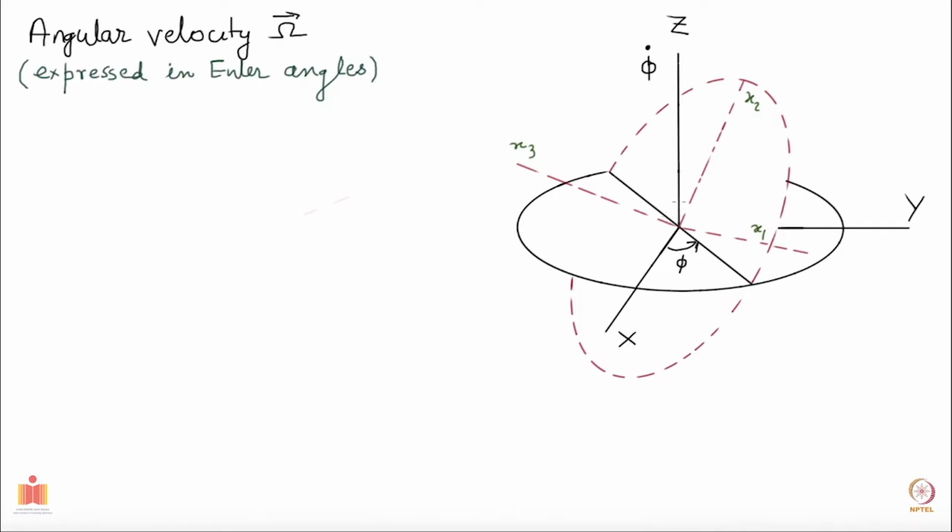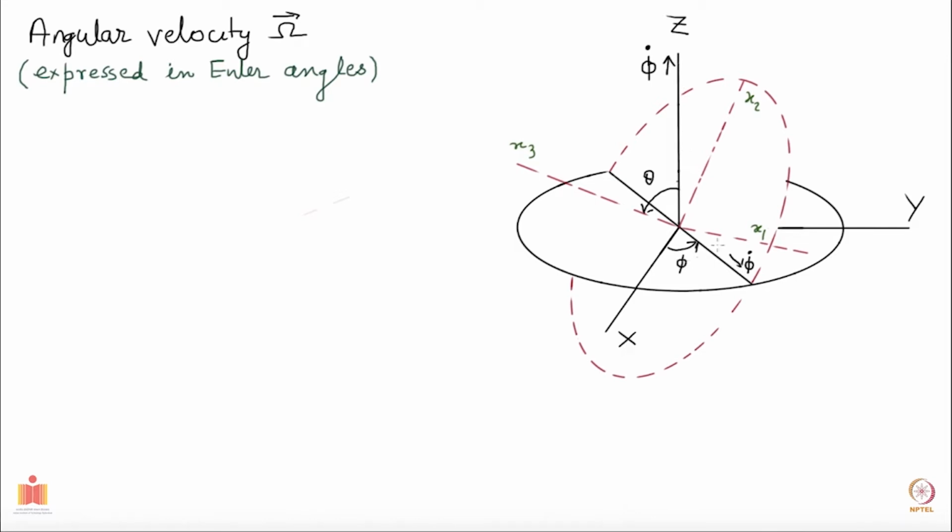Then our second rotation was by angle theta, and this was being rotated about the line of nodes, which is here. This is the line of nodes. So your angular velocity theta dot is pointing along this direction. Let me put theta dot here. So theta dot points along this, and your phi dot points along that.